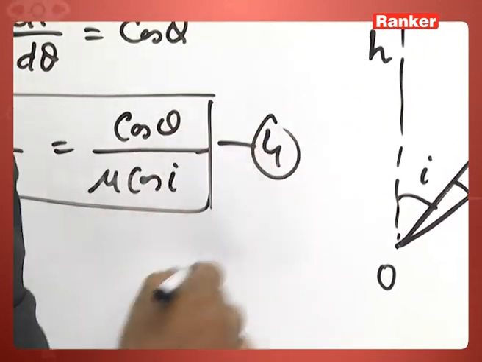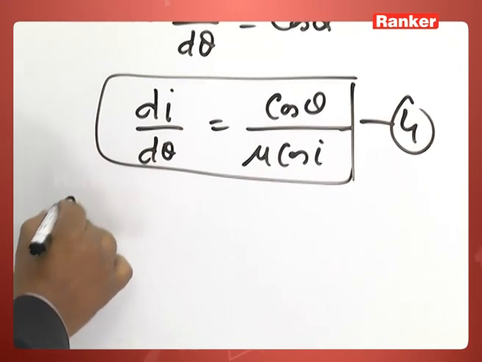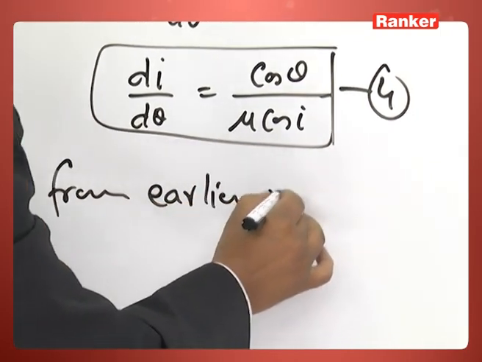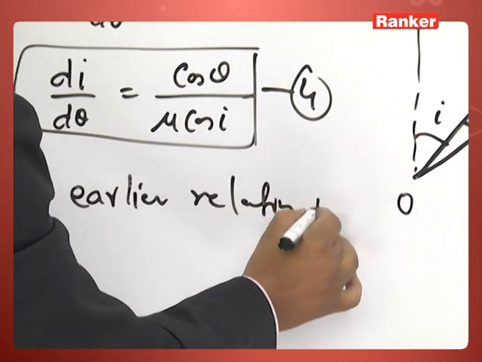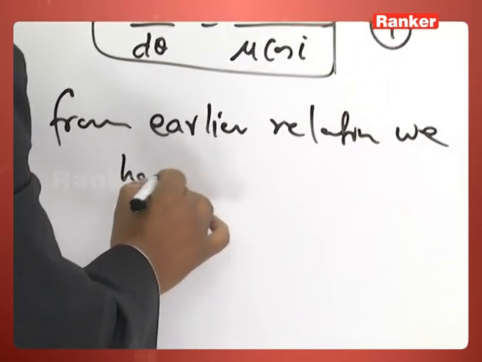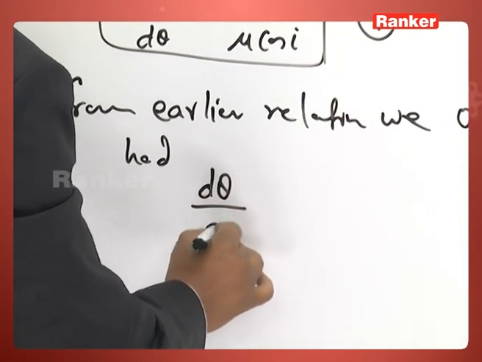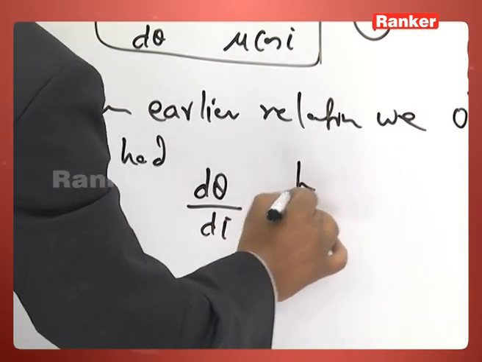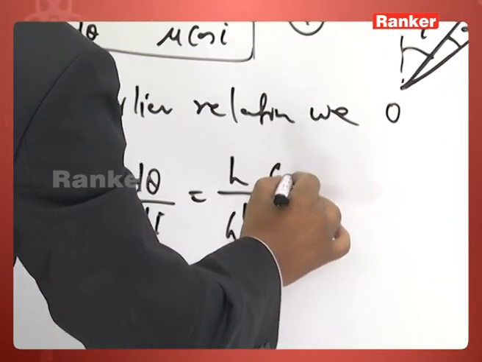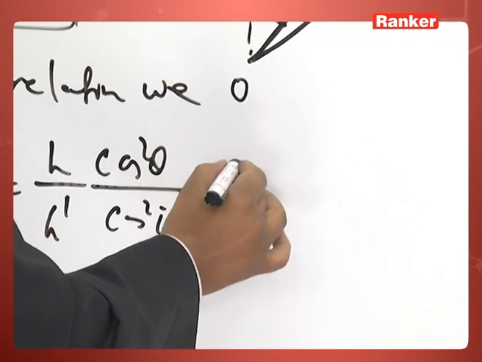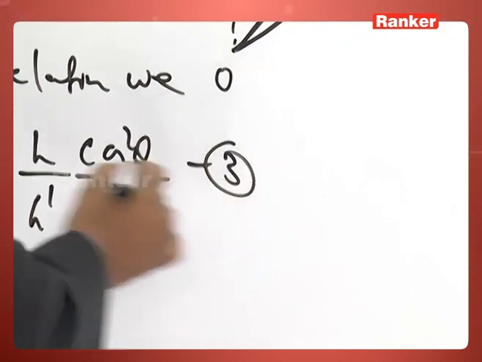And from equation 3, so from the earlier relation, we had already equation number 3, that is d theta by DI we got as H by H dash, cos square theta upon cos square I. So this was the earlier equation 3.